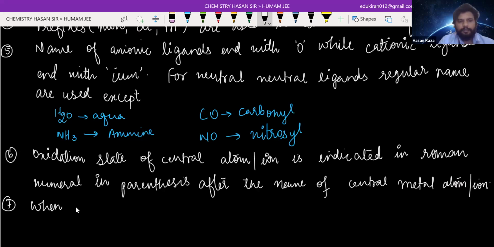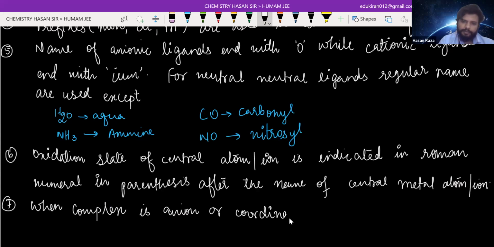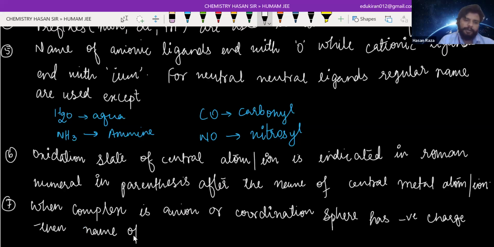When the complex is an anion, or we can say the coordination sphere has a negative charge, then the name of the central metal atom, CMA, that means central metal atom, ends with ate.